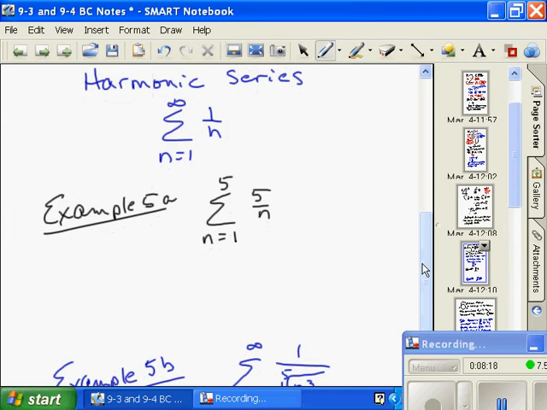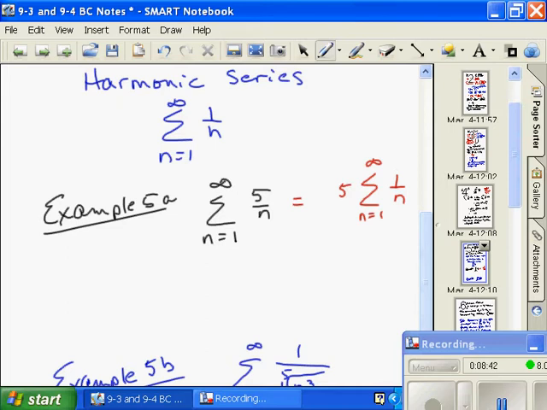If I look at example 5a, I have the summation of 5 over n. So I think about this, I want to rewrite it, bring the 5 out front, so I have 5 times the summation of 1 over n, where n goes from 1 to infinity.